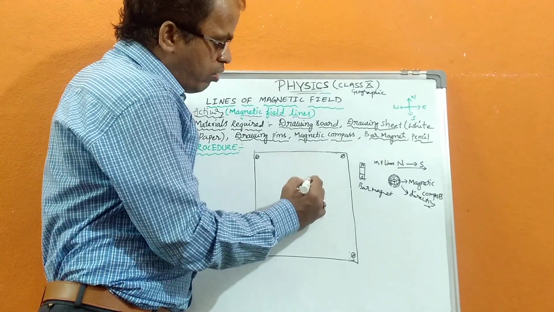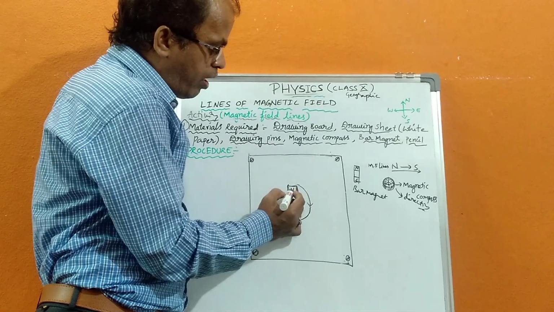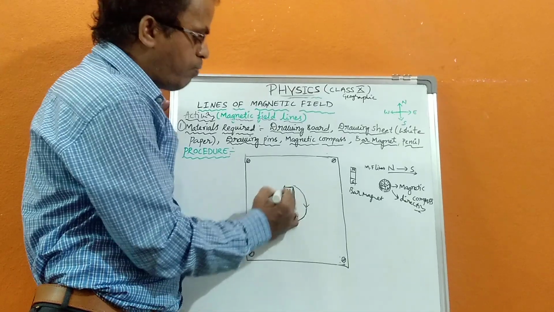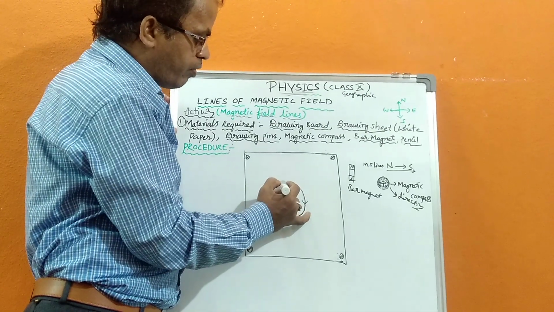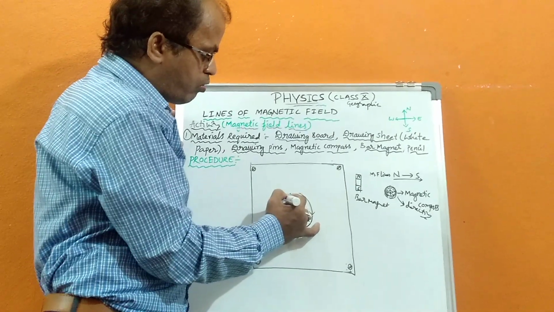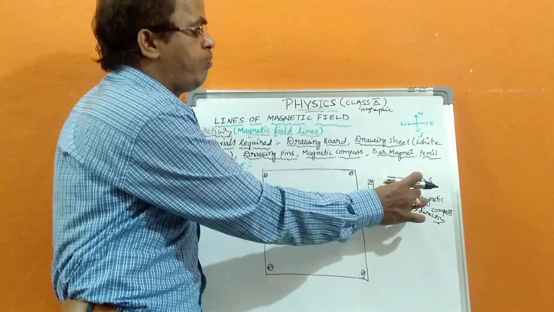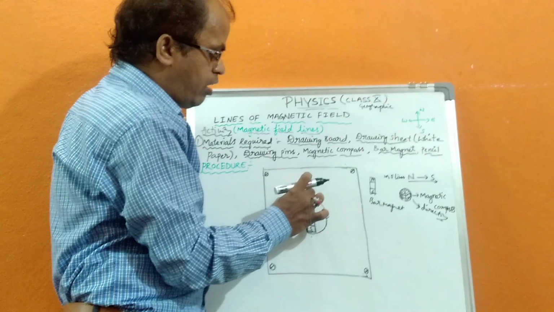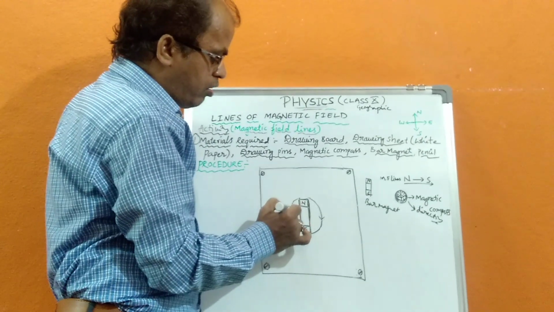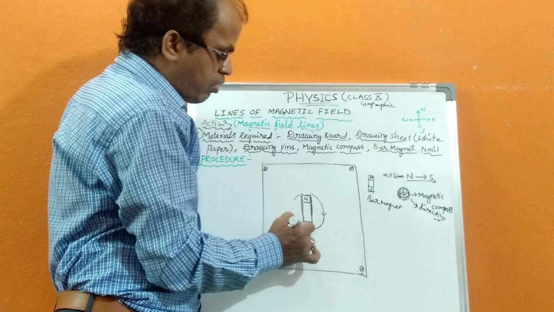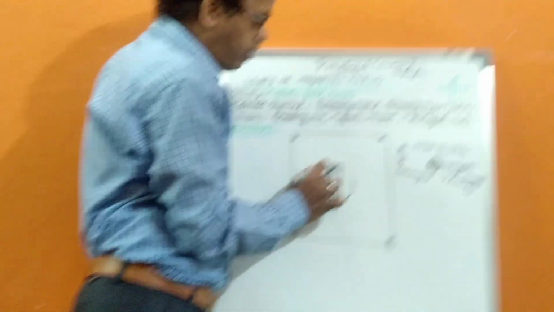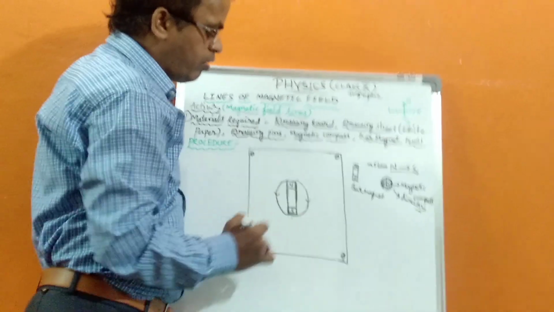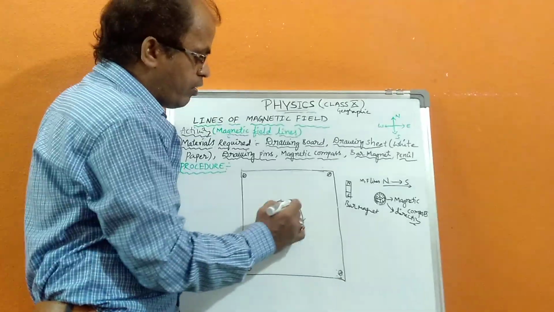So you have to continue on another side of the bar magnet. Here, from north to south, we place the magnetic compass the same way, put the dots and join the dots. You get a curved line like this, and the same way you have to continue.